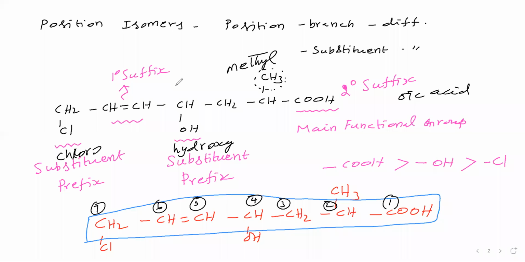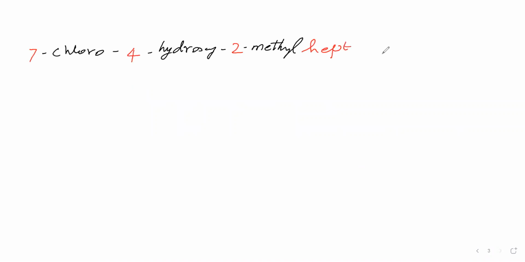If there is no C-C double bond or triple bond, then consider the C-C single bond. So we have to consider the C-C double bond. The primary suffix for a C-C double bond is "ene". So let us say "ene".